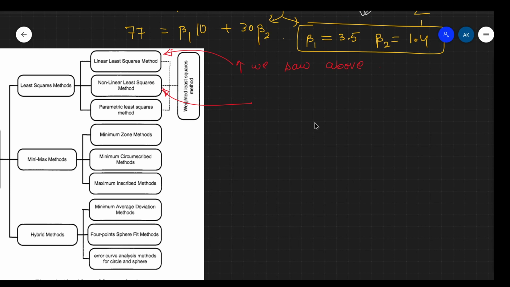Suppose in the above question only, where our values of x and y are, I'll write them down again: x is 1, 2, 3 and 4, and y is 6, 5, 7 and 10.